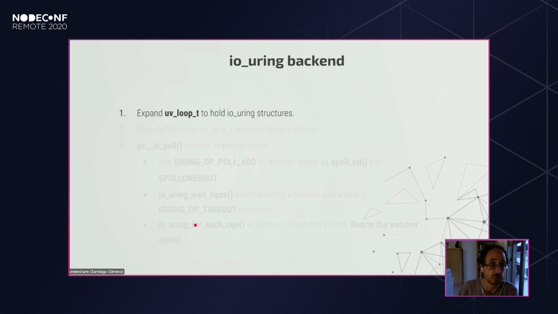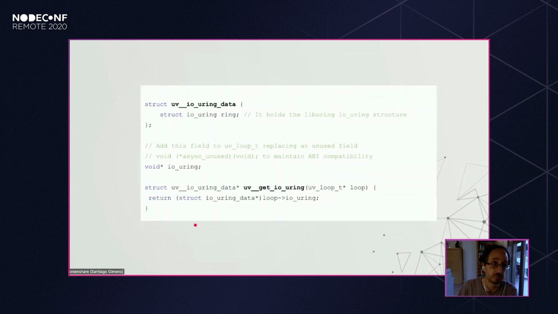So now, what have been the main modifications I had to do to implement the io_uring backend? First, I had to expand the uv_loop_t struct to hold the io_uring structures. So we define an io_uring data struct that holds the libuv io_uring structure, and we add a pointer to this struct in the loop struct, replacing an unused pointer to maintain ABI compatibility.